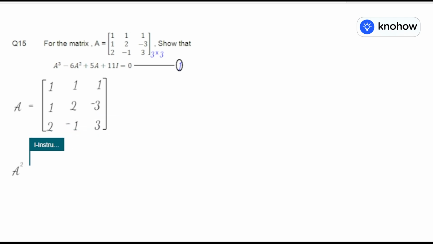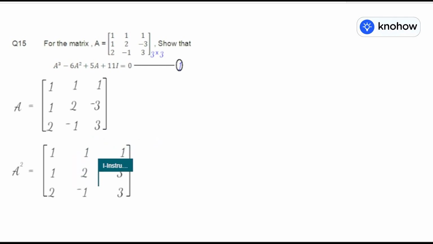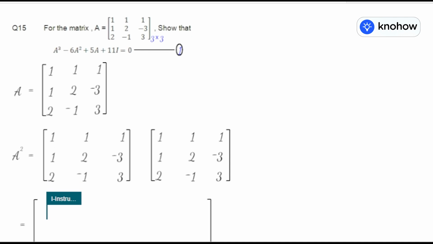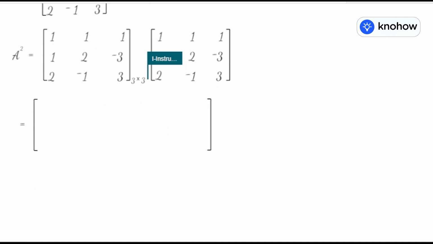A multiplied by itself, that is [1, 1, 1; 1, 2, -3; 2, -1, 3] multiplied by [1, 1, 1; 1, 2, -3; 2, -1, 3]. Now both the matrices are of the order 3 by 3. So the resultant matrix will also be of the order 3 by 3.